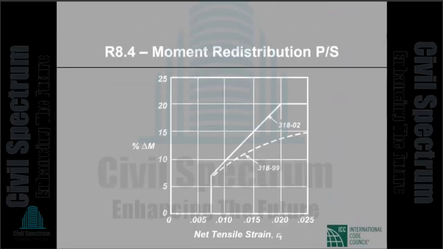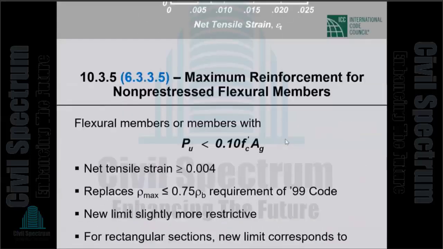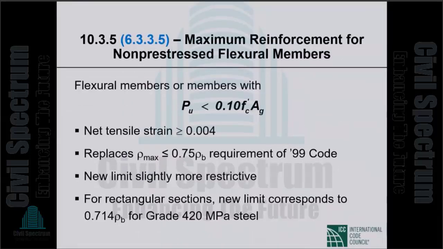For pre-stressed beams, now there is no difference. The moment redistribution is, as I described, 7.5% at 0.0075, going up to 20% at 0.02. But the moment redistribution of 318-99 was as shown here. So that is moment redistribution.